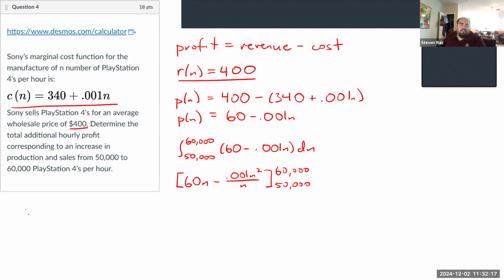All right, so 60 times 60,000 minus 0.001. I put an n in here, that should be a 2. Times 60,000 over 2. Square that.